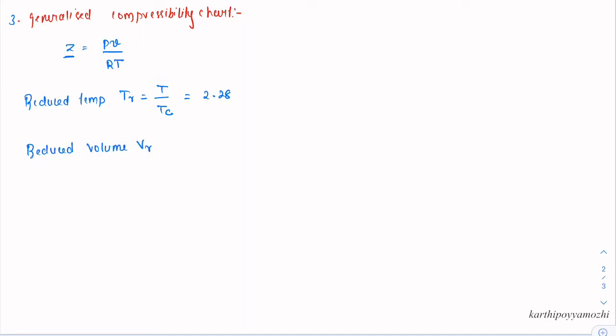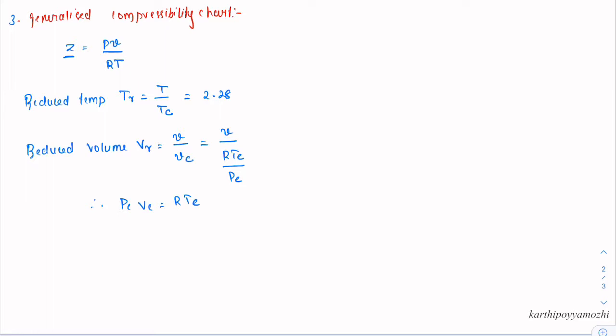and the reduced volume vR is equal to v by vc, which is nothing but v divided by vc. We don't have the value of critical volume, so we can substitute the value of vc as R Tc divided by Pc.